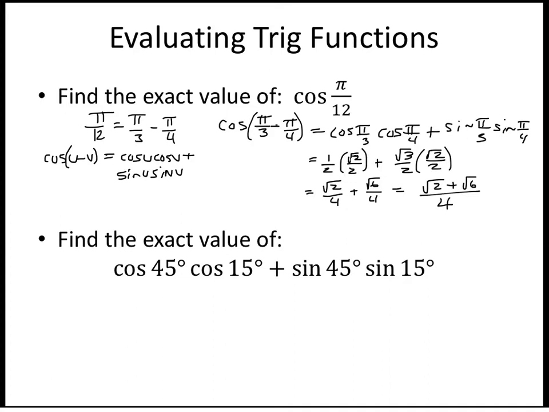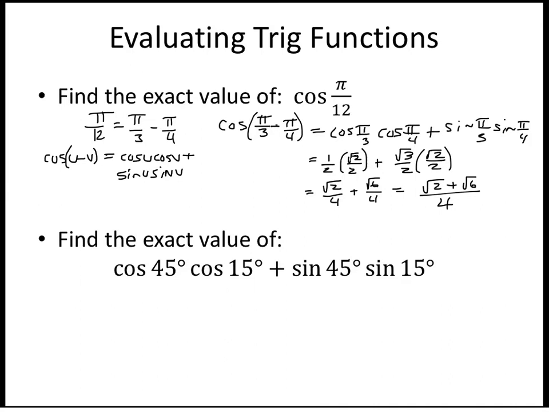Now we can also do a little bit easier version of this. Say we want the exact value of cosine of 45 times cosine of 15 plus sine of 45 times sine of 15. Now, I don't know how you'd ever run across this, but in case you do, we have a formula for that.